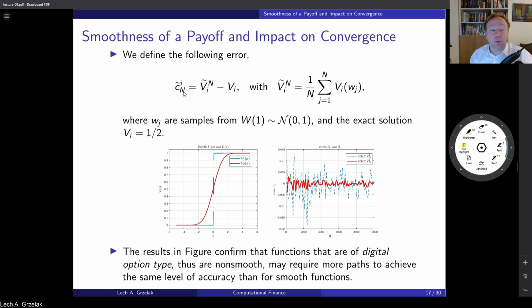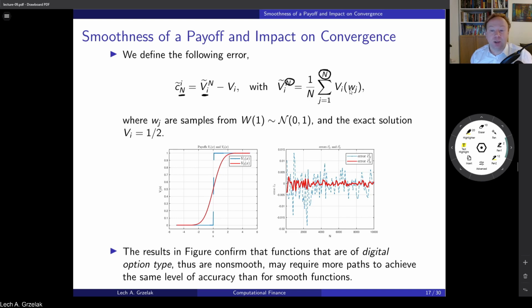So what we do first, we define the error function. The error function, depending on the number of samples, is equal to the value estimated from Monte Carlo. You can see it's estimated as an expectation over all the samples. So this is the number of samples, and here we calculate the value at a particular sample from Brownian motion at time j.